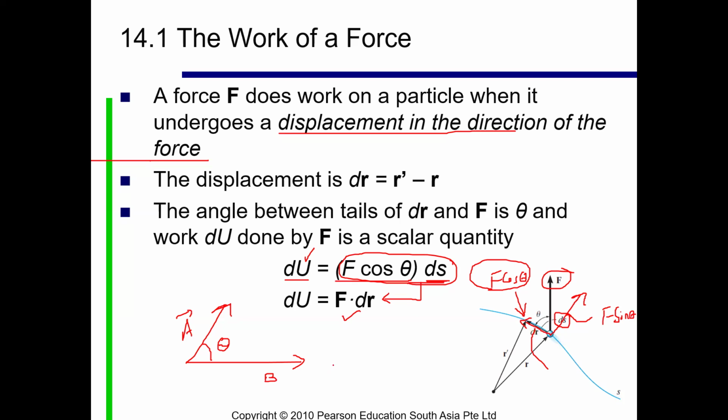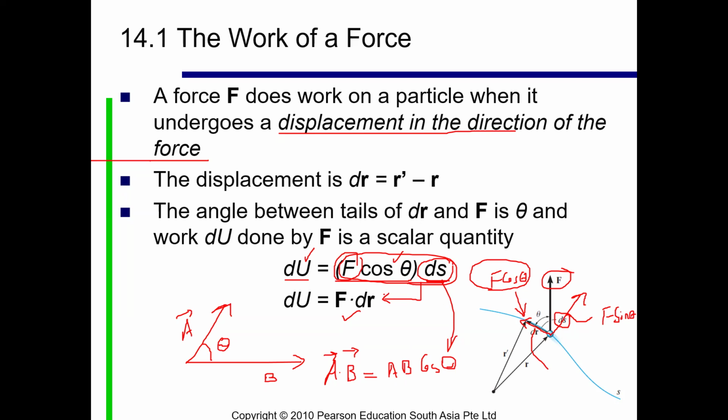So you know that A dot B is equal to the magnitude of A, the magnitude of B, and cos of the angle between them, right? If you carefully see, you have the same thing here. The magnitude of the force vector times cos theta is present, and the magnitude of displacement, which is distance ds, right?